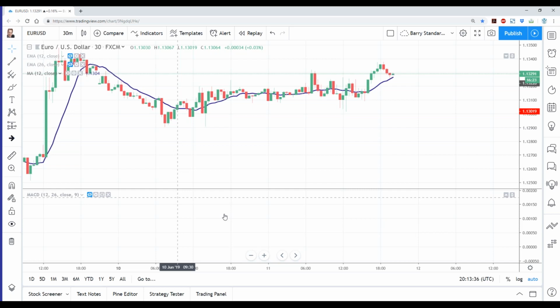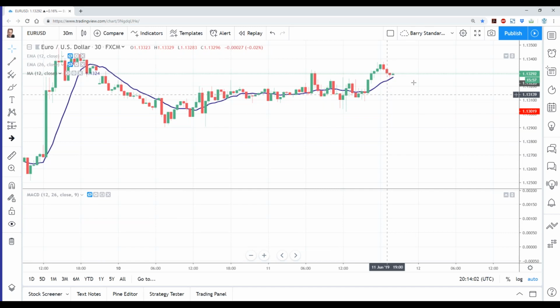So MACD starts out using a moving average. Okay? And a moving average is simply a line or a number that's put on a chart that uses a period of time. The MACD uses a 12 and a 26 period moving average.